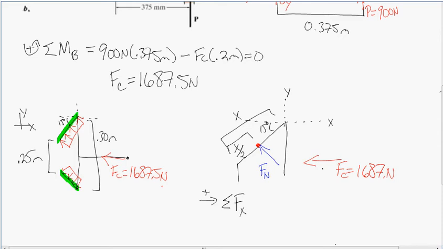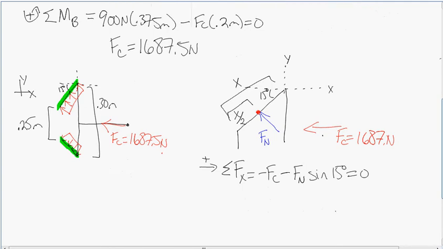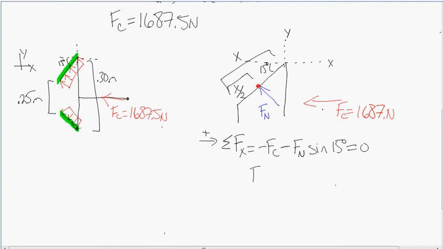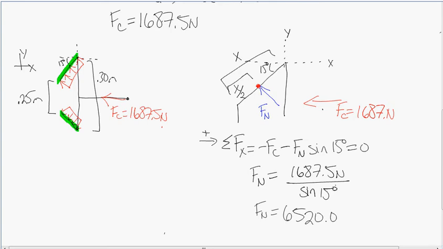Sum of the forces in the x direction equals negative Fc minus Fn sine of 15 degrees equals 0. We have enough information to solve for the normal force. We find that the normal force is 6,520 newtons.